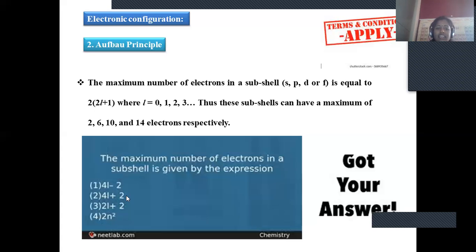So that second option is the correct one. So questions may be given in a tricky way also. You have to go with all possibilities of this concept we are studying. So 2 into (2l plus 1) can be represented as 4l plus 2 also, because that is the simplified form and the other is the expanded one.